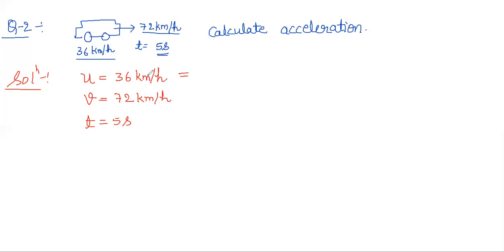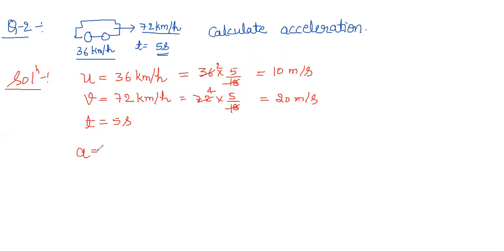To convert from kilometer per hour to meter per second, you should multiply by 5 by 18. It will be 10 meter per second. Similarly, 72 multiplied by 5 by 18 will be 20 meter per second. And time is 5 seconds.